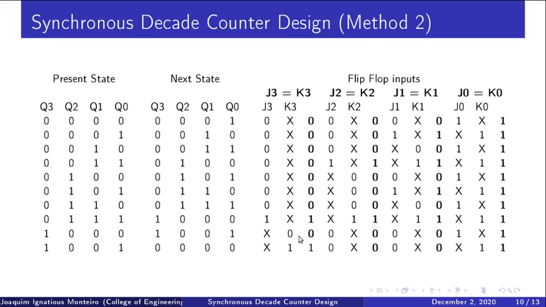Then don't care 0, that is 0. You are not bothered about the don't care, whatever the logic state. The don't care 1, that is 1. This is also in bold, okay. Then again coming to this side, same way: 0 don't care is 0, 1 don't care is 1, then don't care 1 is 1, 0 don't care is 0. Same way you'll fill up these things, okay.